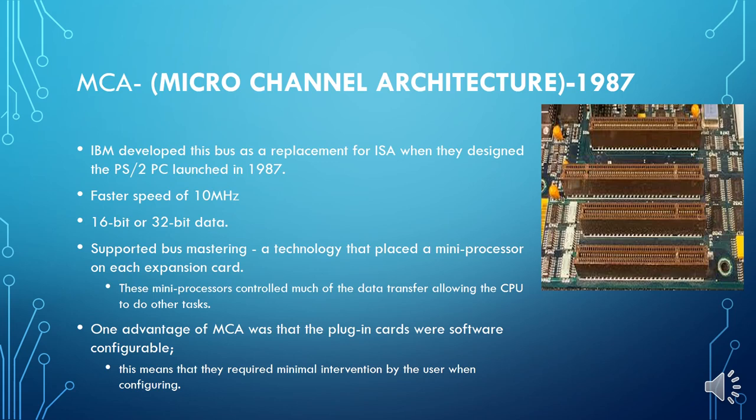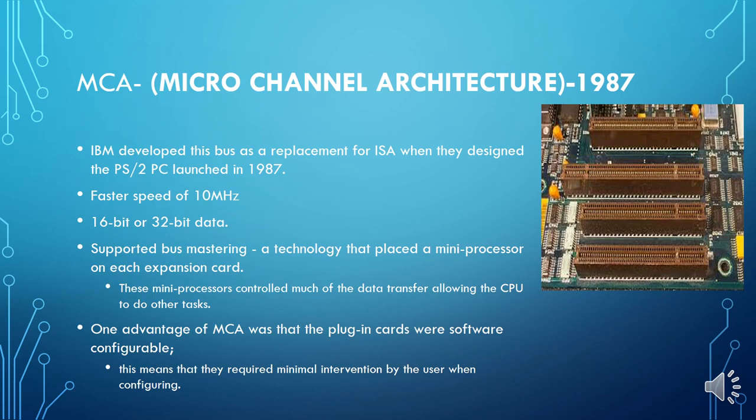It also supported bus mastering, which is a technology that placed a mini processor on each expansion card. These mini processors controlled much of the data transfer, allowing the CPU to do other tasks.